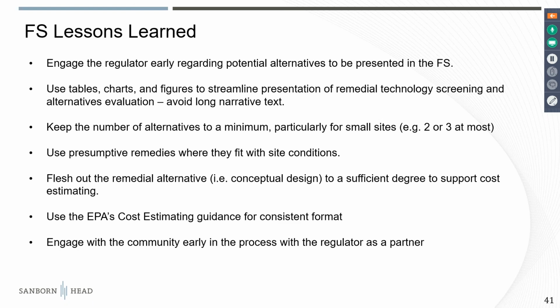So you can avoid those 3-inch binder type of reports. Part of that is keeping the number of alternatives to a minimum. Specifically, some of the states only require 2 alternatives be evaluated, and that can be perfectly good for a small site. Some larger sites might need more.